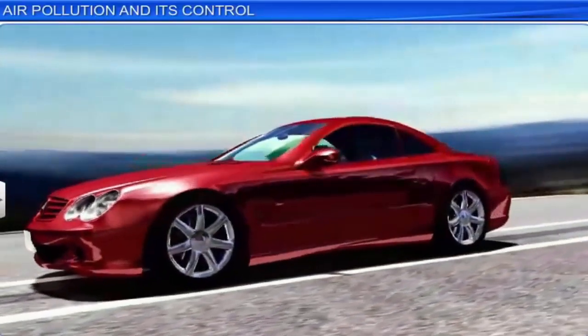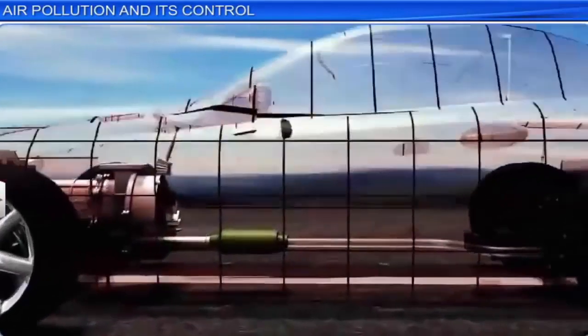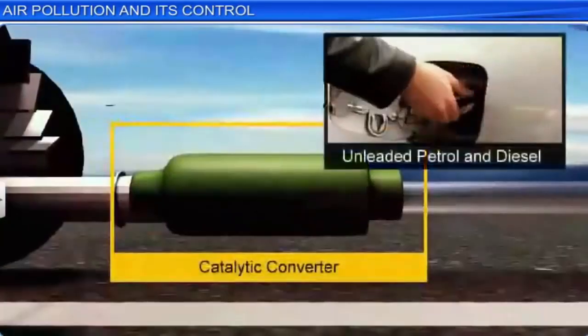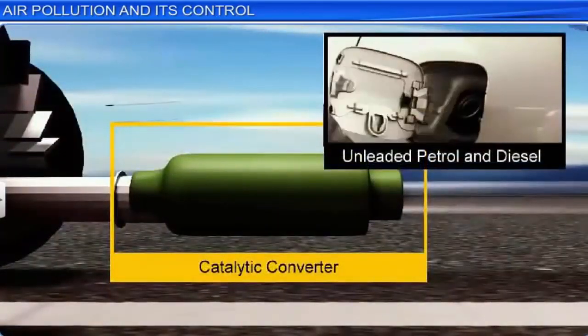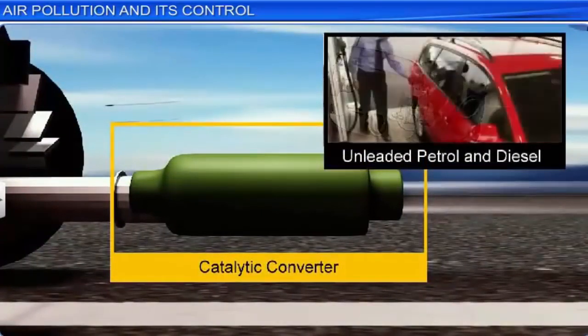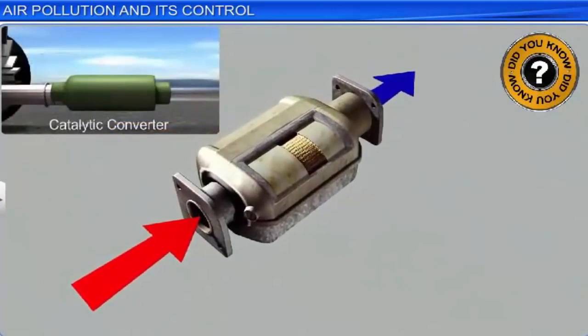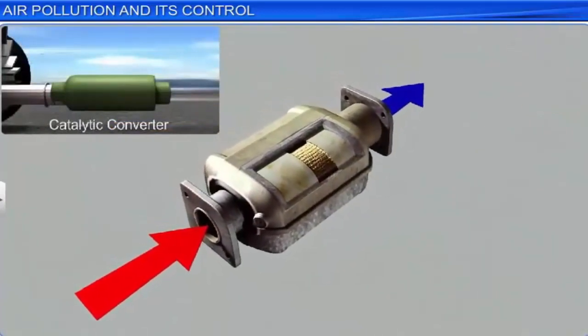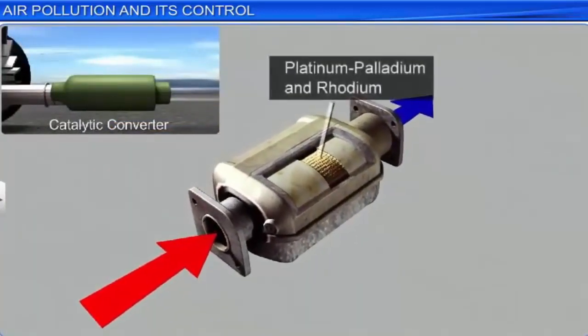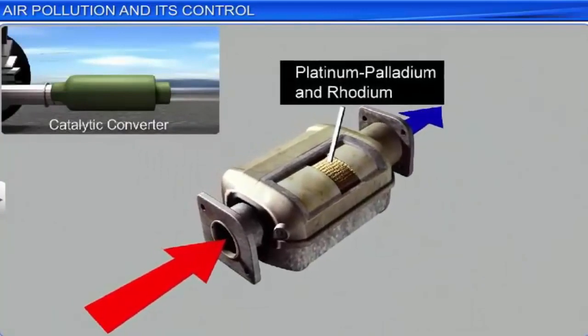For instance, the use of catalytic converters and unleaded petrol or diesel has helped reduce vehicular pollution considerably. Did you know that catalytic converters contain catalysts made of expensive metals such as platinum, palladium, and rhodium?